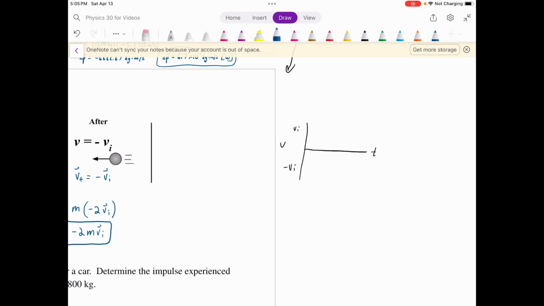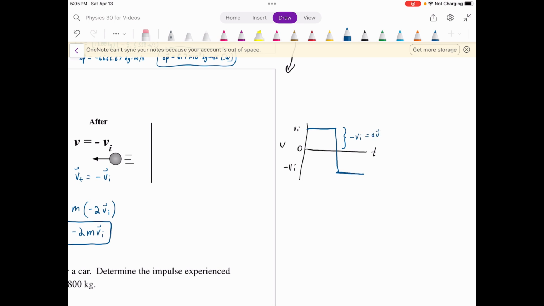Graphing it out, v as a function of time, it had a velocity of positive vi. Then it hits the wall and it rebounds with a velocity of negative vi. So now its new velocity is negative vi. Well, ask yourself, what's the change in velocity that occurred then? To go from vi to 0, that's a change of negative vi, right?